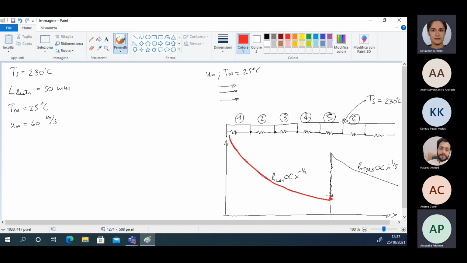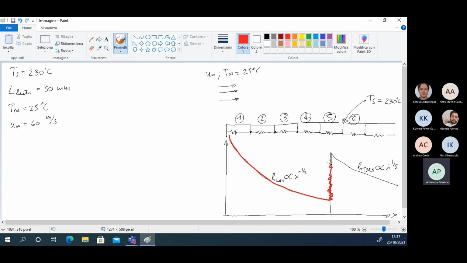The trend of the h coefficient as a function of x is not constant, and so the heat transfer rate by convection is not the same for all the points of my plate.